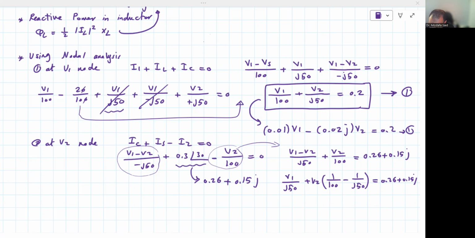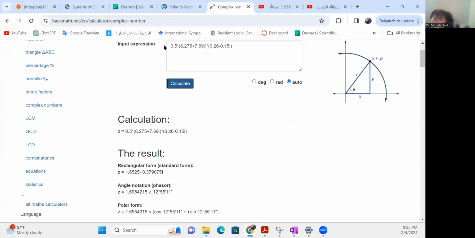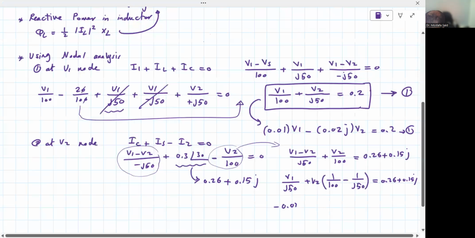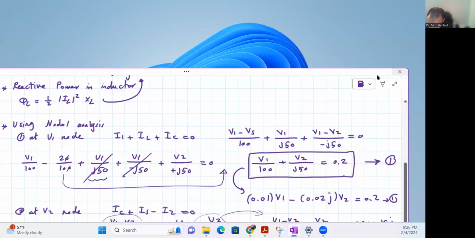So we need 1 over J50 first. 1 over, and both parentheses, 50i. That will be minus 0.02i. So that minus 0.02 J V1. So V1 multiplied by this guy plus V2 1 over 100.